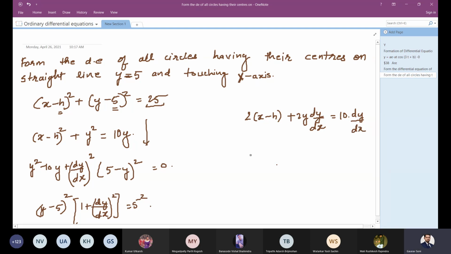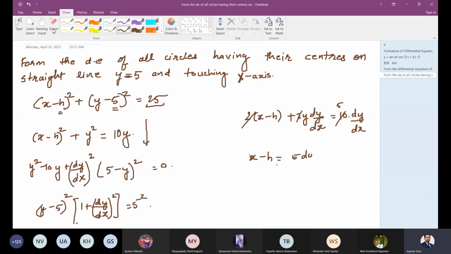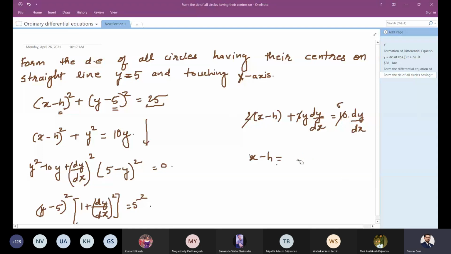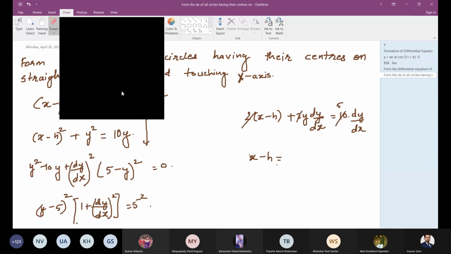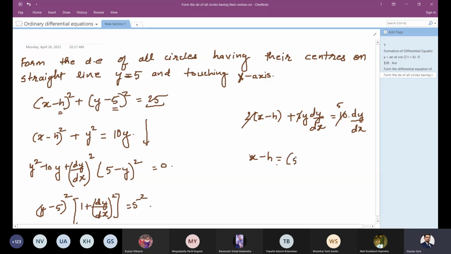Then you can find the value of x minus h from this, and the 2 will become 5. So x minus h is equal to 5 minus y times dy by dx. This value you can substitute here and you should get this equation.